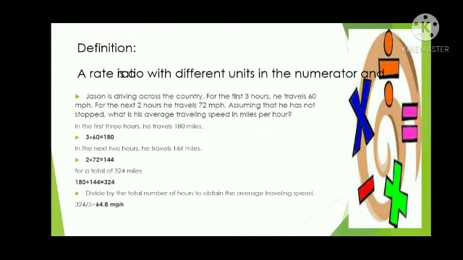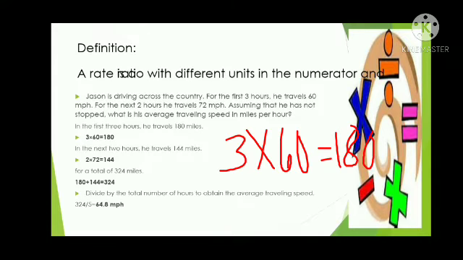By means of using our formula: distance equals rate times time. As you can see here, 3 times 60. So 3 represents the initial hours and 60 is the initial rate. We multiply following the formula, distance equals rate times time. So 3 times 60 is equal to 180.